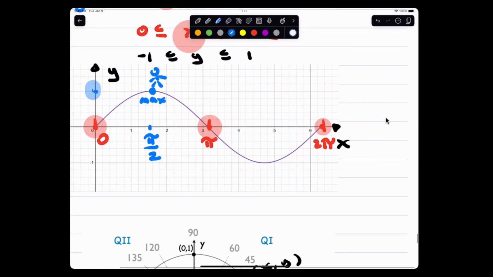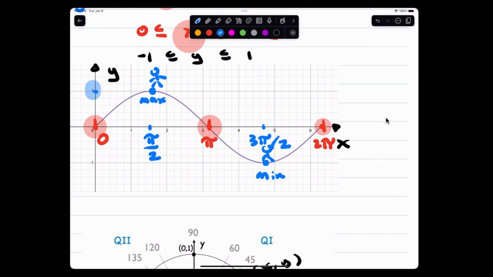And then over here, you guys have another special location if you're standing over here. That's going to be where you have a minimum value for sine, and that actually happens at 3 pi over 2.